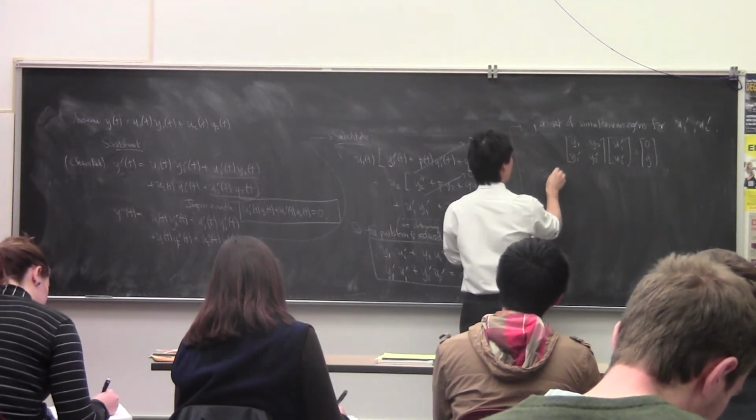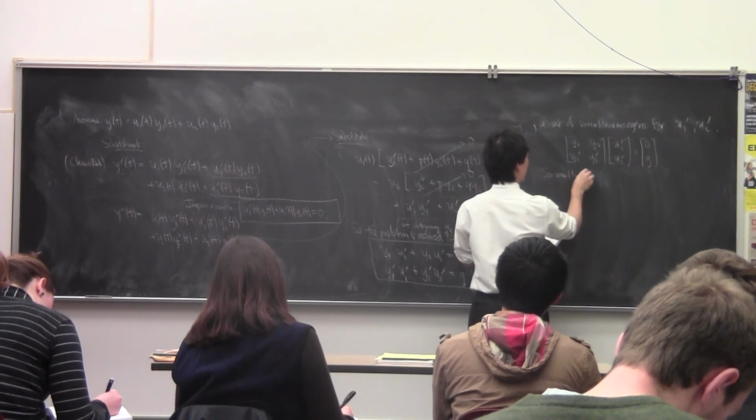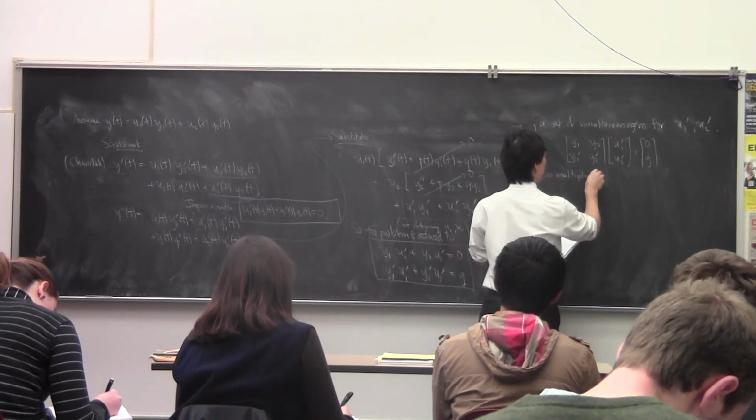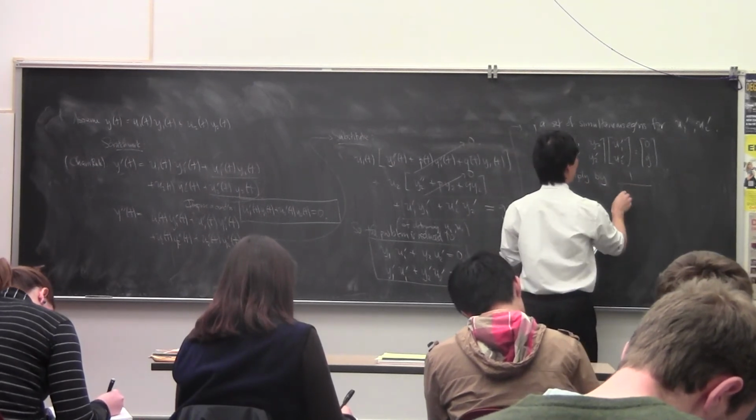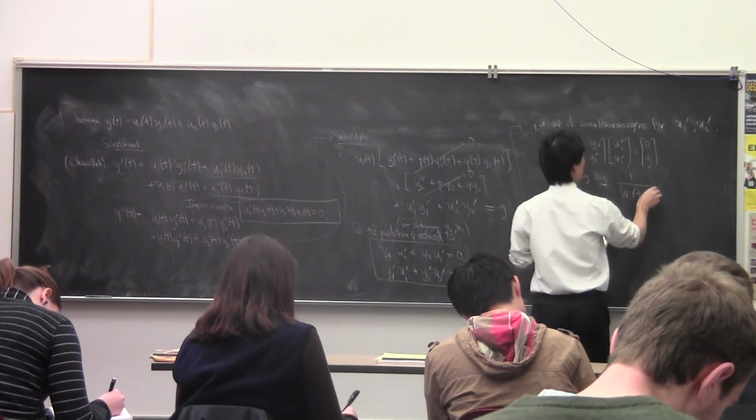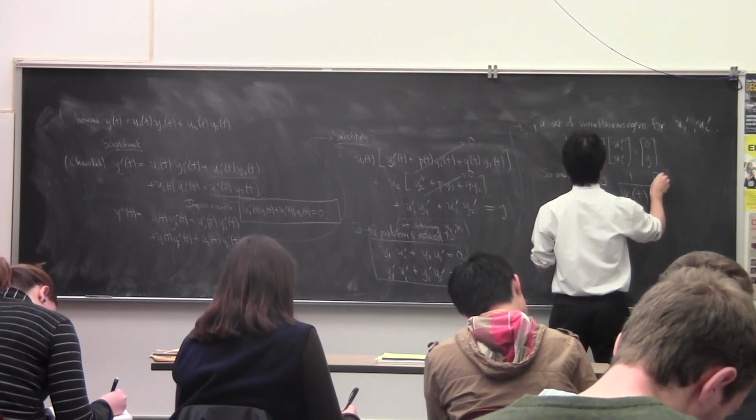So multiply by the inverse. Well, what's the inverse? That's 1 over the Wronskian times the adjoint matrix.